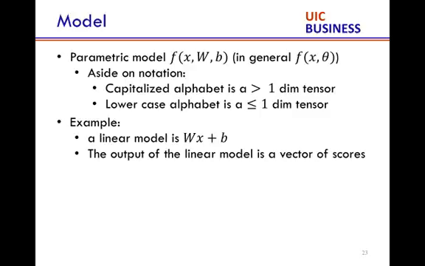The first row of W is getting multiplied with x, and this is the output. It's just the sum of the products of each entry of the first row of W and each entry of x. Plus B. Yes, plus B1, right? So that's the actual score if you expand it out. This is just a compact notation for that.